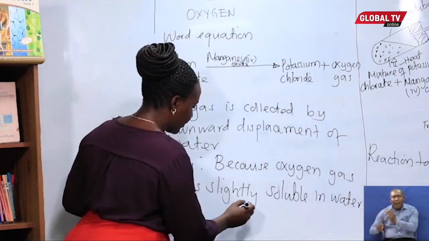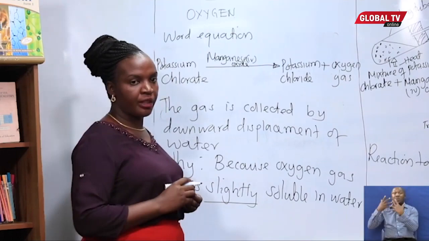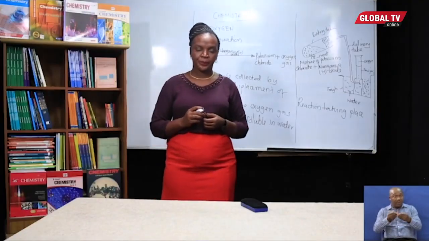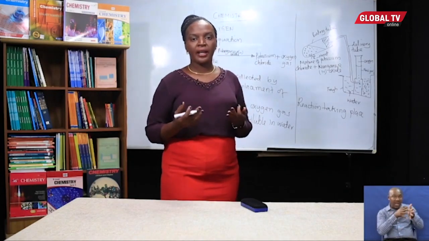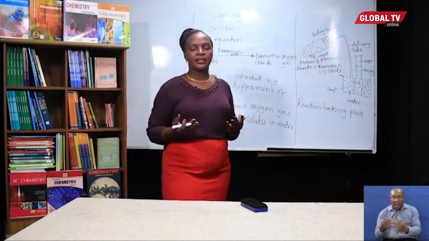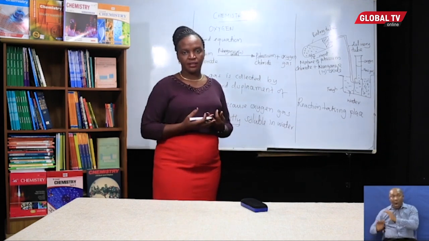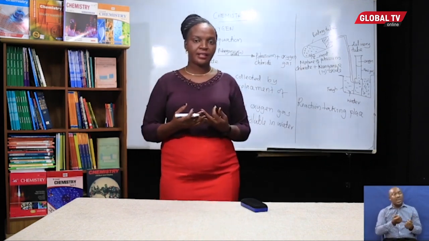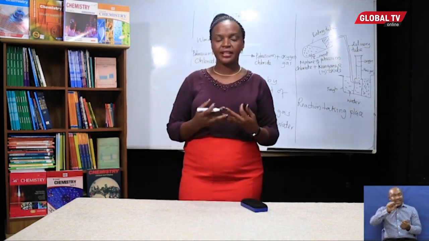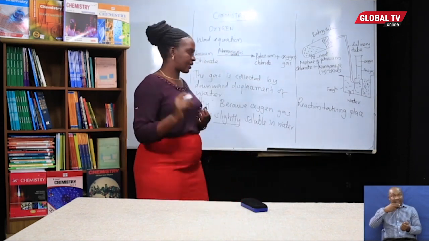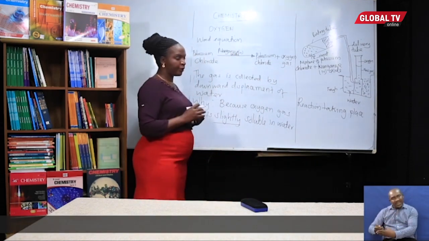That is the meaning of slightly soluble in water. So if you're given a question that asks why oxygen gas is collected by downward displacement of water, the answer is because the gas is slightly soluble in water.